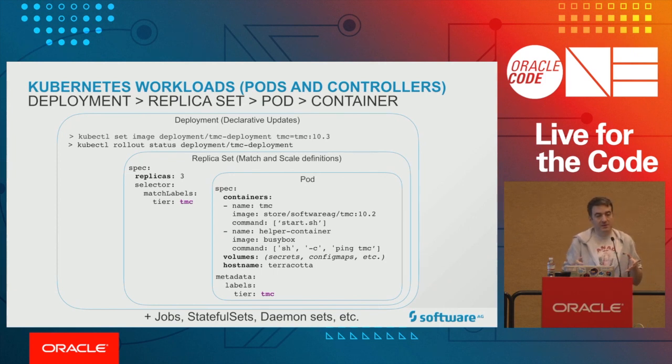Then you've got stateful sets, pretty modern. They were introduced maybe a year ago, I think. And they're very similar to deployments, except that they will keep a stable naming for all your pods. So when you run a deployment and you've got 3 replicas, for example, the pods will have random names. With a stateful set, they're going to be pod name-0, pod name-1, and so on and so forth.